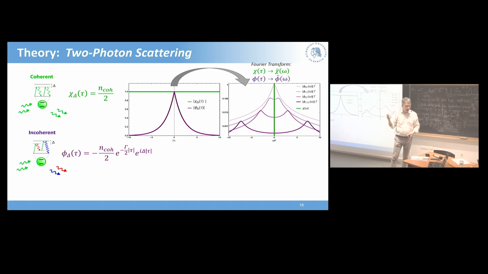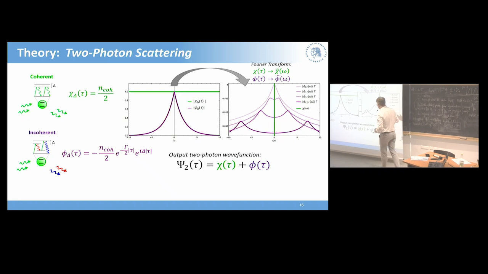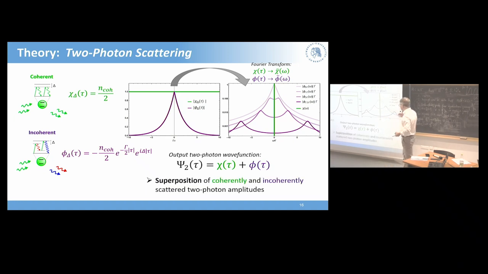That's clear here. And now the total two-photon scattering amplitude is given by the superposition of the coherently and incoherently scattered two-photon components. And now let us look at these expressions a bit more in detail.